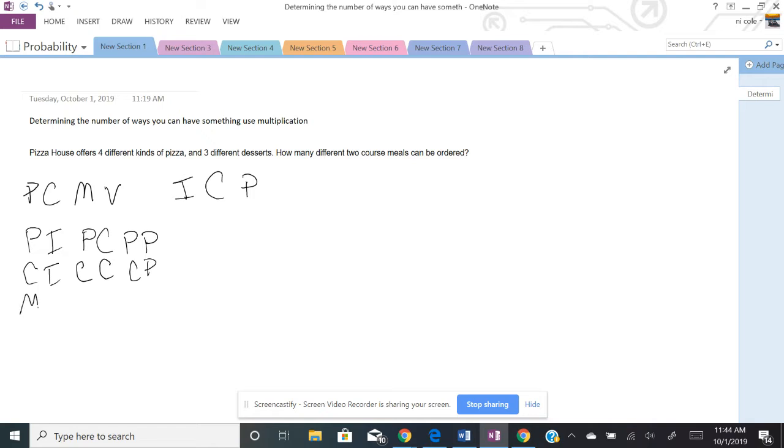What about the meat lovers pizza and ice cream, or the meat lovers and chocolate cake and meat lovers and pie? Or you could have vegetarian and ice cream, vegetarian and chocolate cake, and vegetarian and pie.